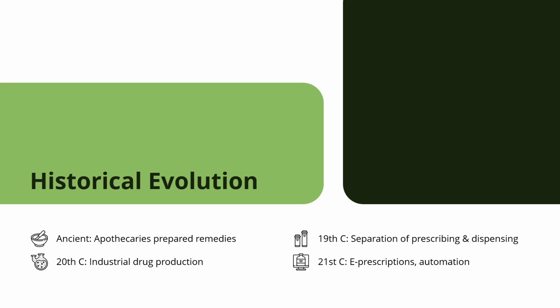How did dispensing evolve? How did we get to where we are today as it relates to dispensing? Then we'll look at the dispensing process itself. So just a recap for today: we have looked at the context of dispensing, we've looked at some definitions, we've looked at why dispensing matters.